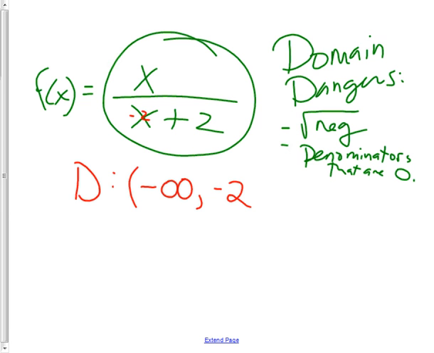I can go from negative infinity, and I can't ever get there, to negative 2, and I can't use that. You get what I'm saying? And then start over again. Think of this as a big number line where negative 2 is the only thing that gets messed up. And then I start over again at negative 2, union, to how far can I go? Positive infinity.